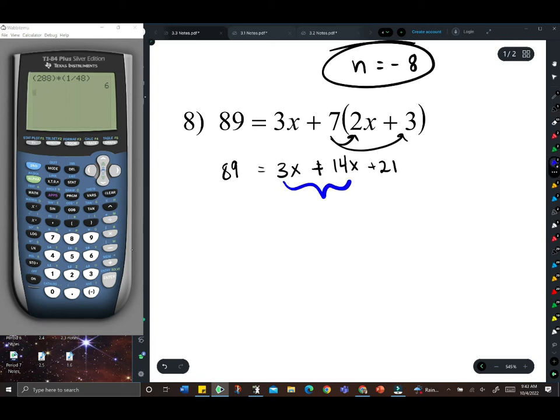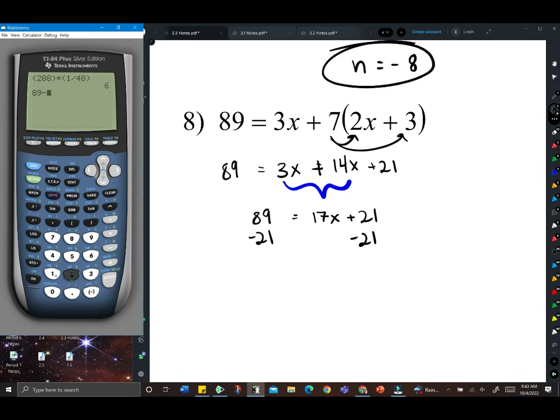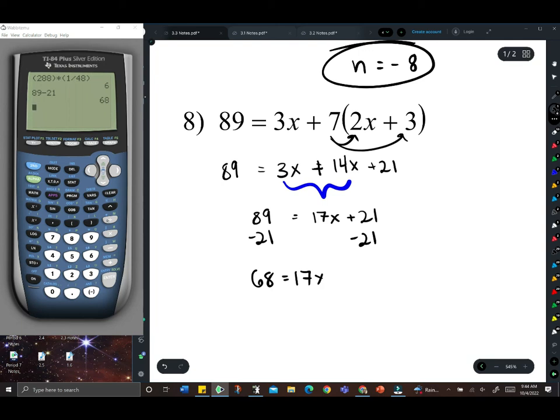Like terms have to combine. Subtract the 21. And divide by 17.